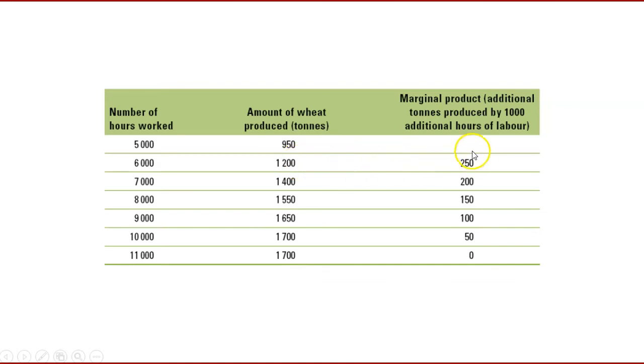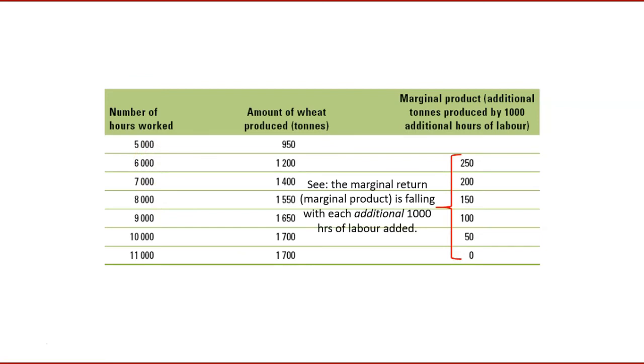So that increase in output of 250 units is due to an additional 1,000 hours of labour. So we can see that the marginal return, or the marginal product, is falling with each additional 1,000 hours of labour added. So this is representing our law of diminishing marginal returns to labour in this case.